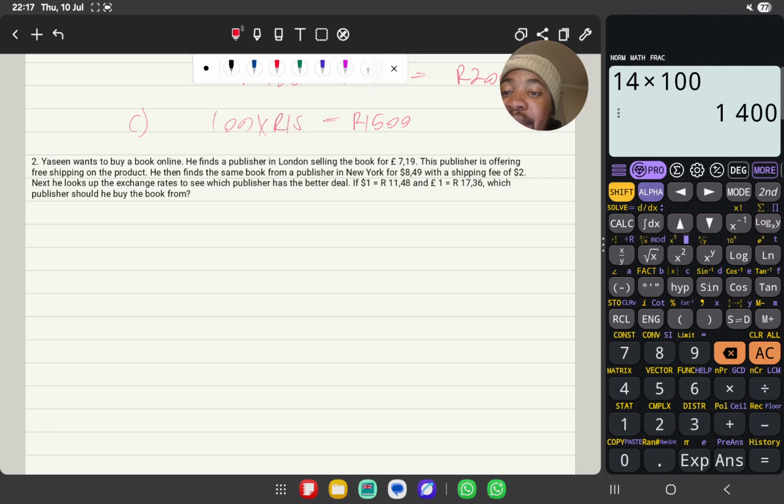Next, he looks up the exchange rate to see which publisher has the better deal. If $1 gives you 11.49 rands, and £1 gives you 17.36 rands, which publisher should he buy the book from?